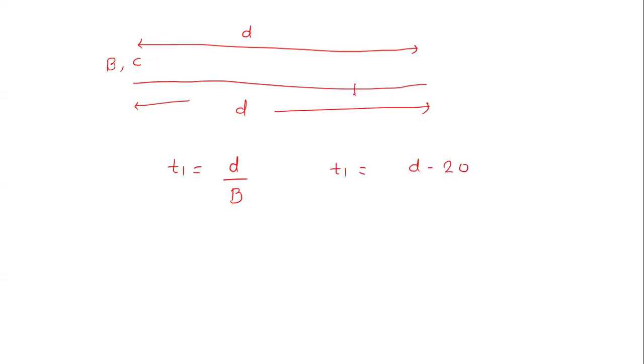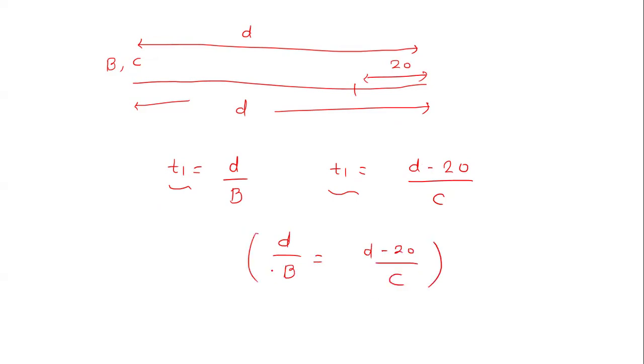So C reaches only till here, and this 20 meters is remaining. The time is the same, so we can equate these two and get this relation also: D by B is equal to (D minus 20) divided by C.